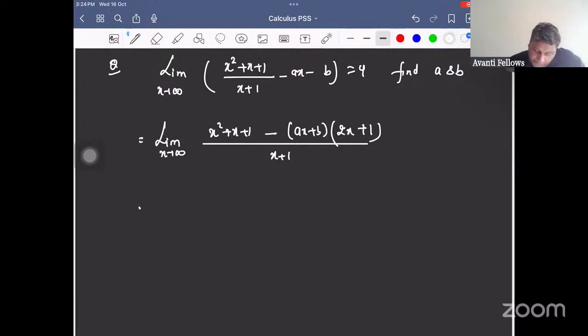Now it will be limit x approaches infinity. See, the coefficient of x square will be 1 minus a, and the coefficient of x is 1 minus a minus b.